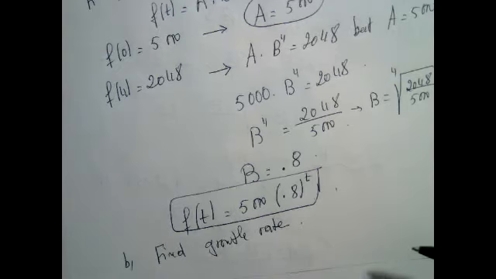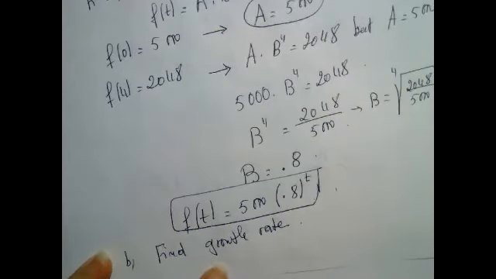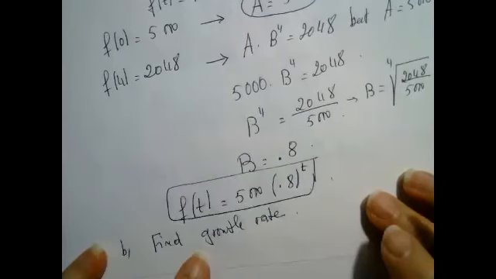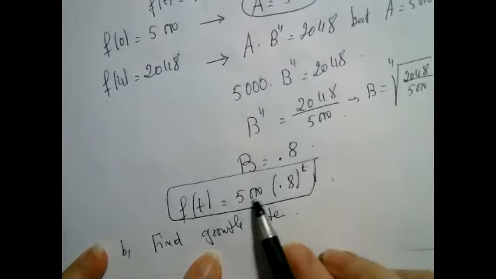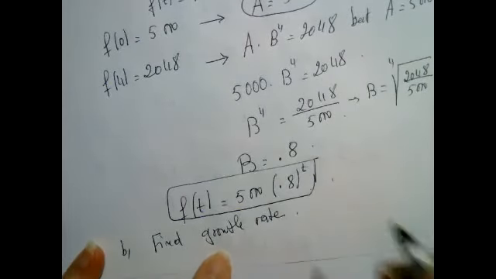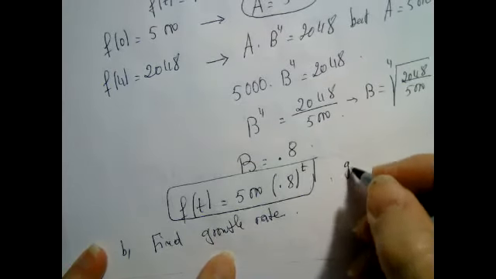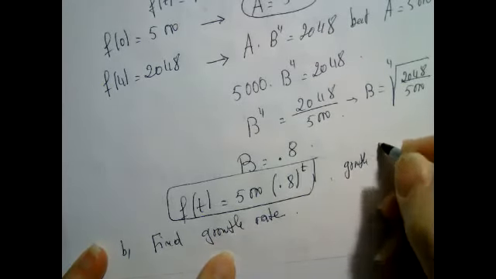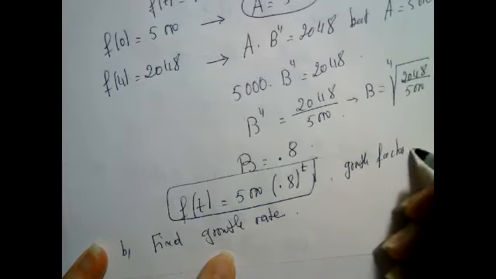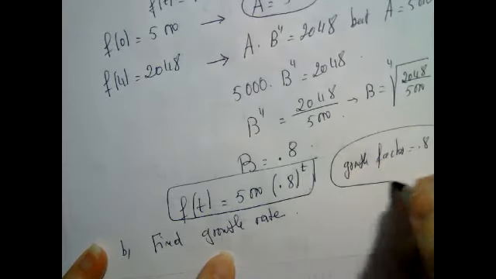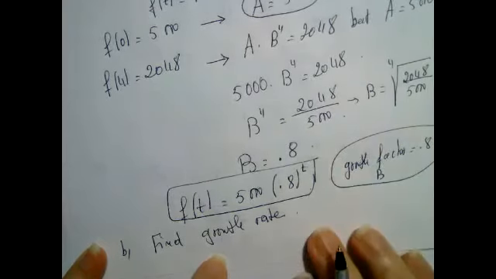What's the percent by which it's decreasing? So that's 5,000 times 0.8. Remember here the growth factor is 0.8. That's the b. So what's the growth rate?